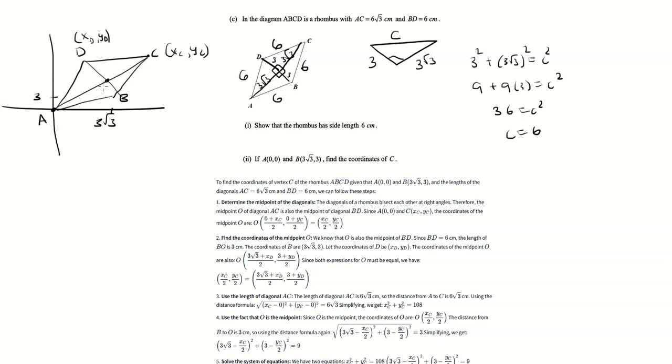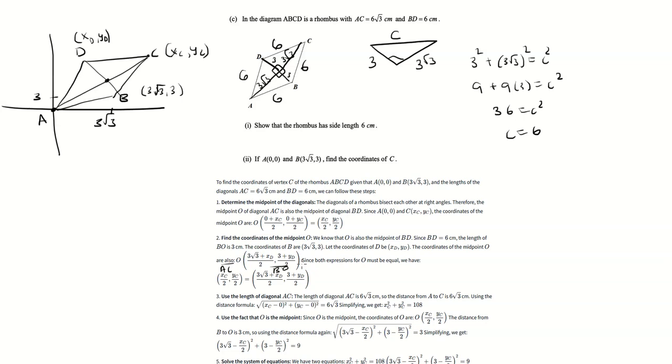The midpoint of BD is the average of the x and y coordinates of B and D. So B is 3 root 3 comma 3, and D is xd comma yd. The two midpoints have to be equal to each other.